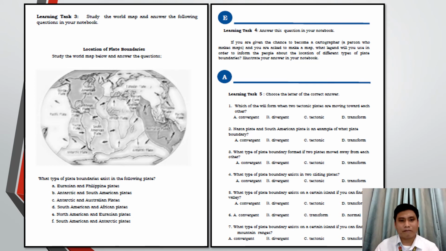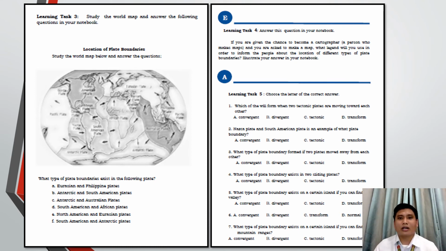Now, if you want a clearer picture, I will just send a picture on our messenger group, so you can actually see a clearer version of the movements of the different major tectonic plates. For learning task number 4, you will be answering a question.